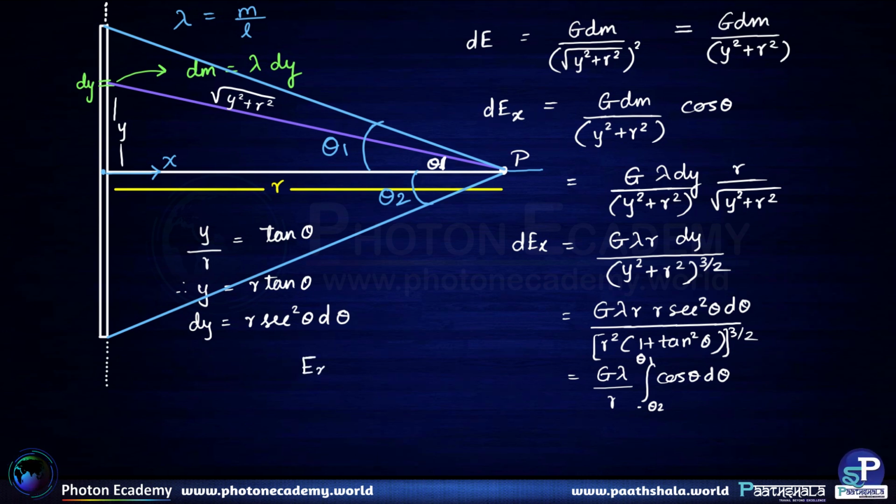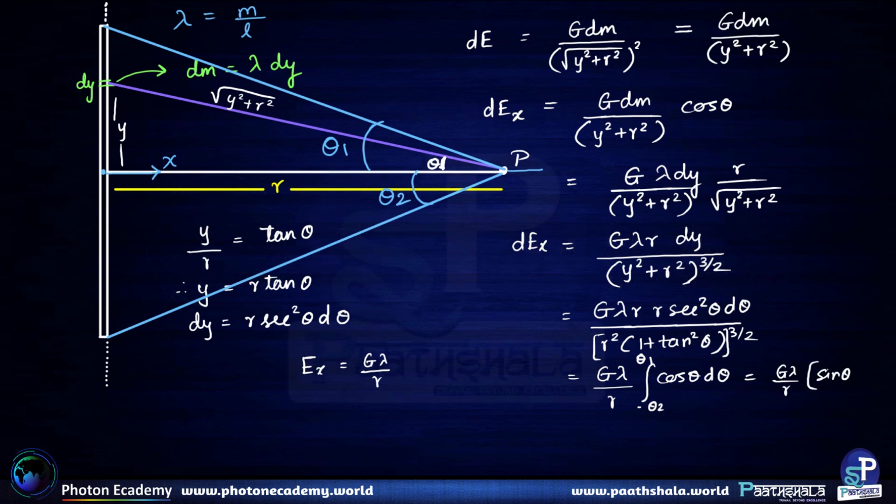So Ex is going to be equal to g lambda upon r. This happens to be sin theta, g lambda upon r sin theta from minus theta 2 to theta 1. So it's sin theta 1.